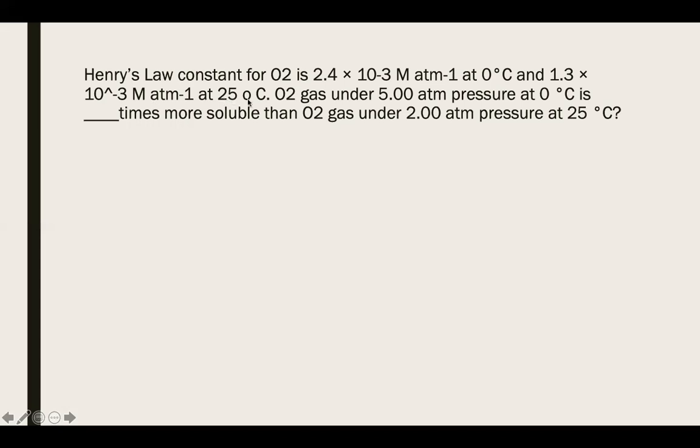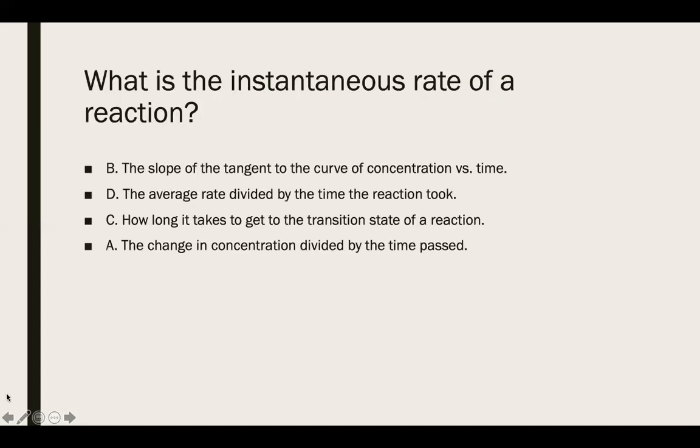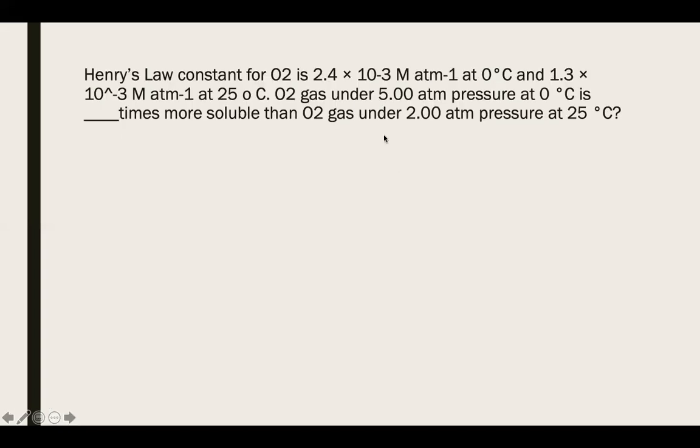It asks: O2 gas under 5 atmospheres of pressure at 0 degrees Celsius is how many times more soluble than O2 gas under 2 ATM of pressure at 25 degrees Celsius? The way to get started is to know the right equation to use to find the solubility using Henry's law.